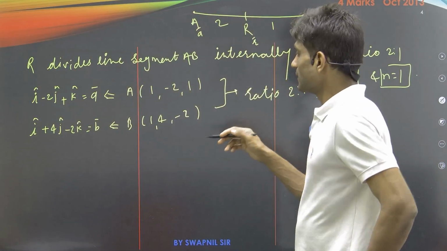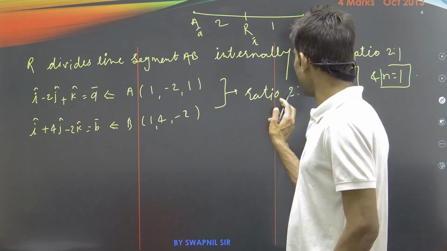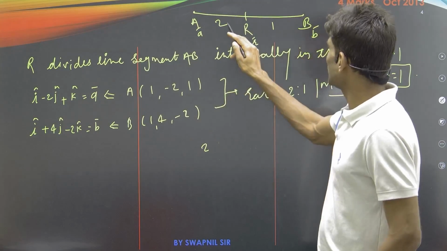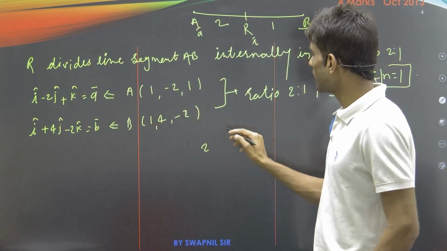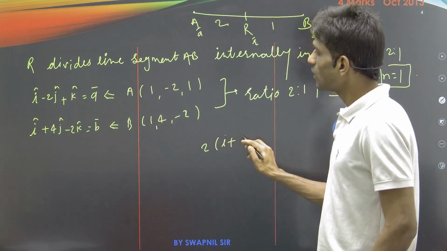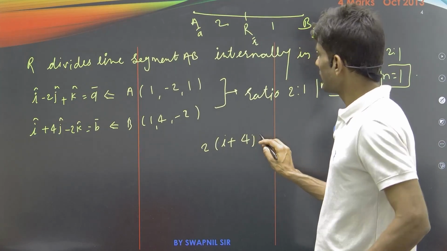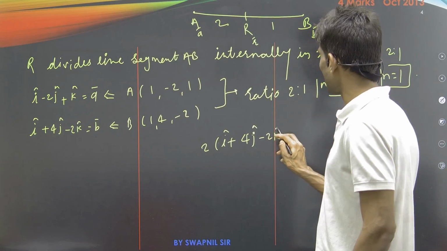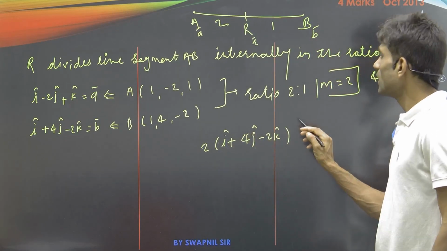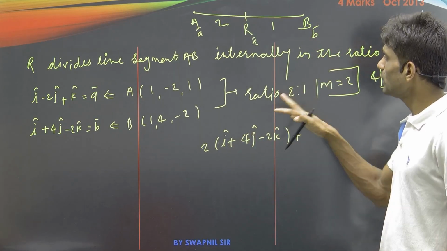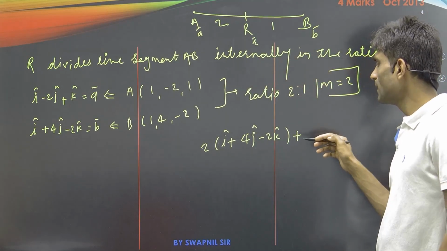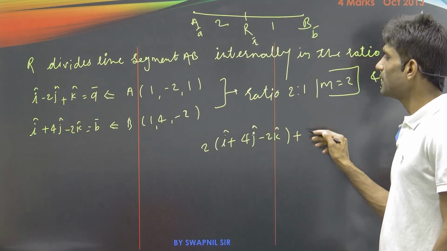So we write M as 2 into B bar, and B bar here is I cap plus 4 times J cap minus 2 times K cap. Since we have internal division, we take the positive sign between them: M into B bar plus N into A bar.